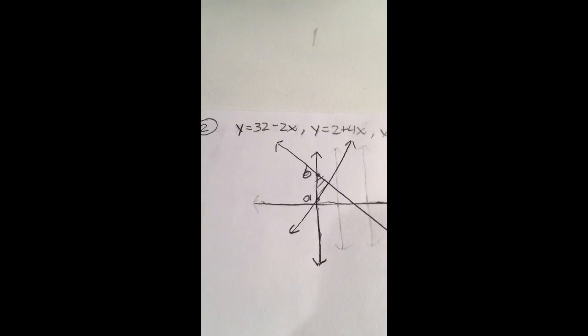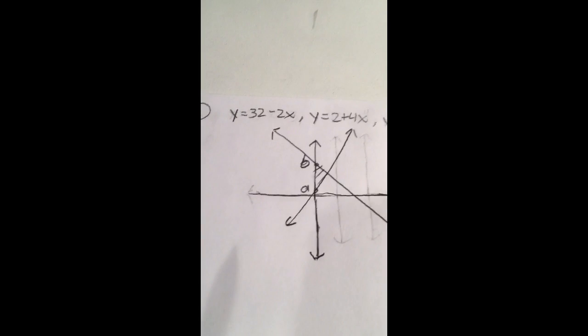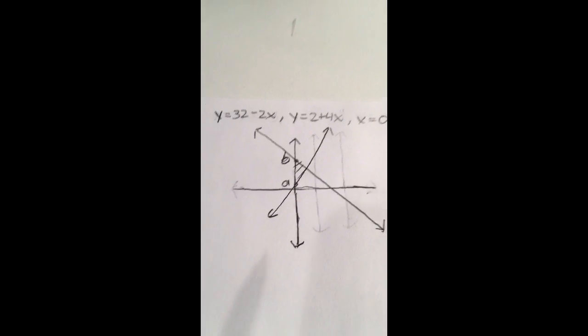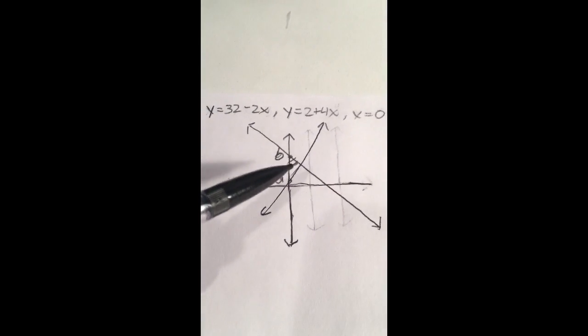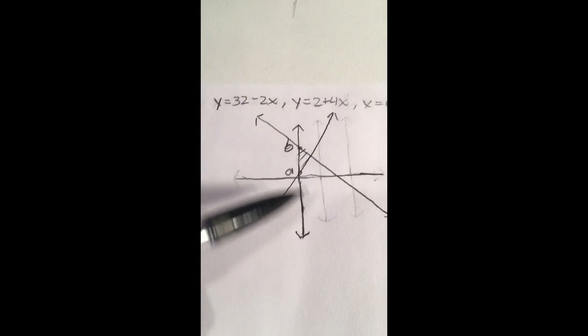Our second example is the area bounded by the lines 32 minus 2x, 2 plus 4x, and x equals 0, and we'll be rotating around the y-axis again. The first thing we want is A and B, and this is a little weird case because we're not looking for the intersection between these two lines, because it's on the y-axis.